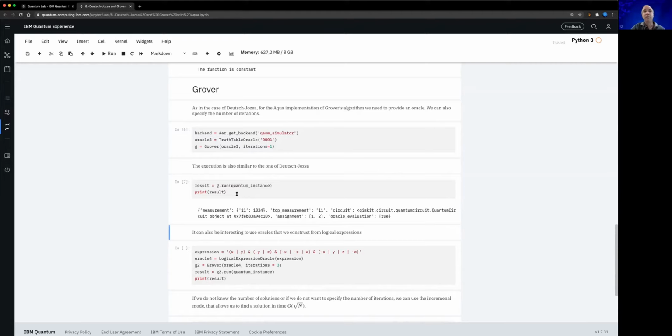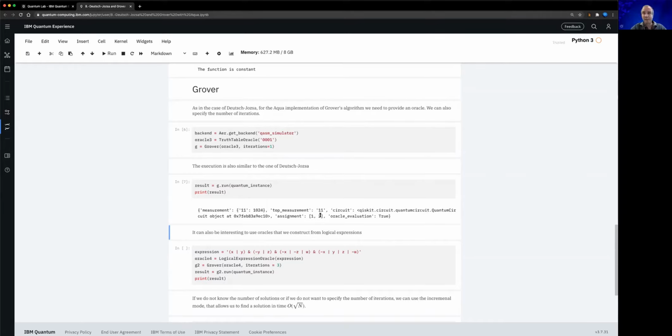So if I run the Grover algorithm with the quantum instance that I had prepared before for the Deutsch algorithm, I see that the result again contains several different pieces of information: the result of all the measurements, and which measurement was the most frequent. I can also obtain the circuit if I want to check it.